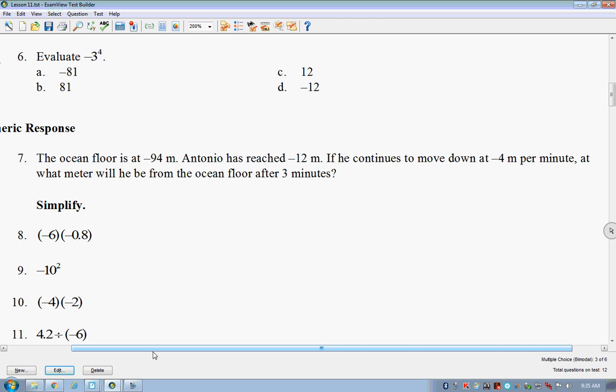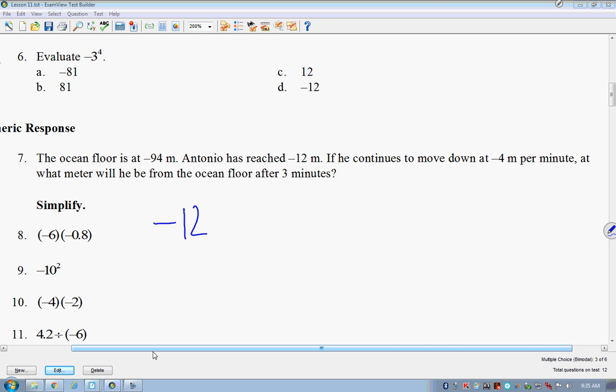The ocean floor is at negative 94 meters. Okay? It's below sea level. So it's negative. Antonio has reached negative 12 meters. If he continues to move down at 4 meters per minute, at what meter will he be from the ocean floor after 3 minutes? All right, so he's at negative 12, right?